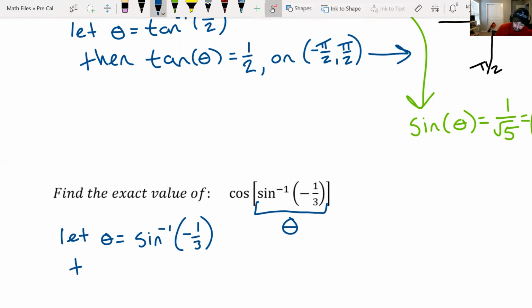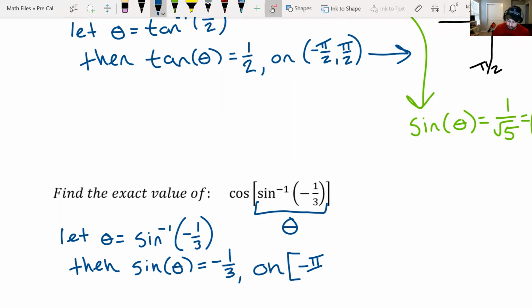Then compose both sides with the sine function. Then sine theta is equal to -1/3, but this can only happen on the inverse sine's restrictions, -pi/2 to pi/2.